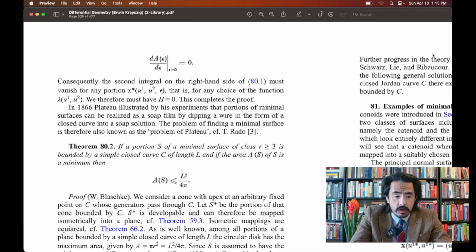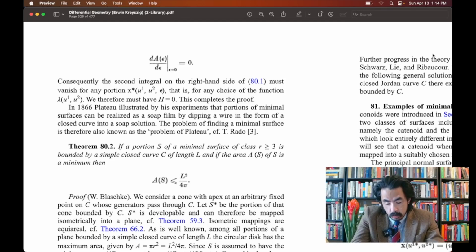Consequently, the second integral on the right-hand side of what I just read in 80.1 must vanish for any portion x star of u1, u2, and epsilon, that is, for any choice of the function lambda in terms of u1 and u2. We therefore must have that the mean curvature capital H is equal to 0. This completes the proof.